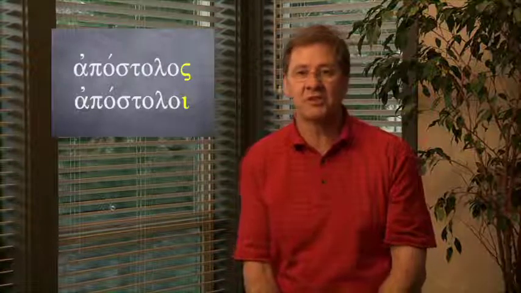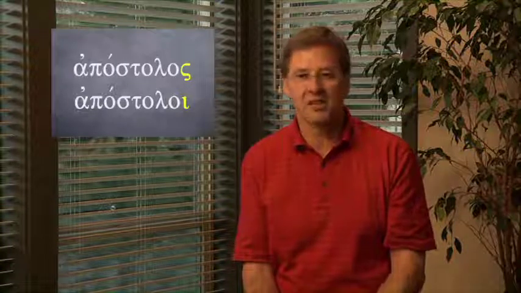The other thing that can affect case endings is number. In English, again, we add an S or do other things to form a plural. What you do in Greek is you have a totally different set of case endings. For example, if you have the word apostolos, okay, that means apostle. And that's the case ending that is used if the word is functioning as a subject of the verb. Apostolos, the sigma is the case ending.